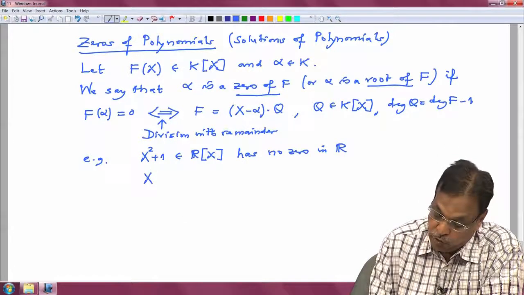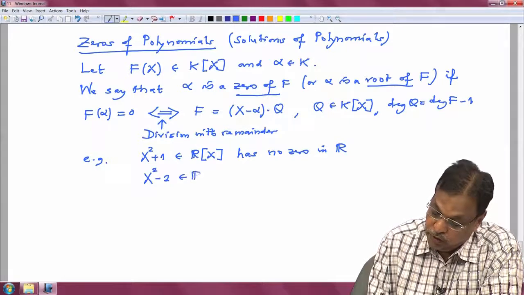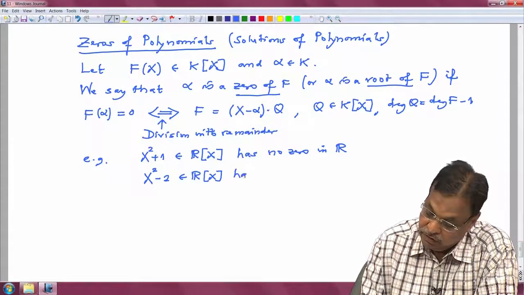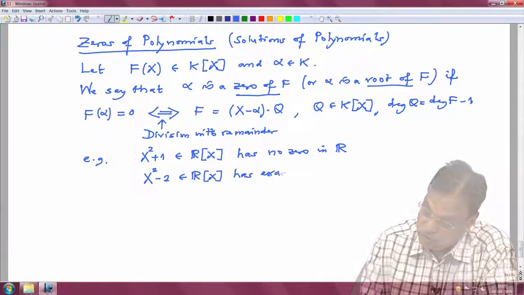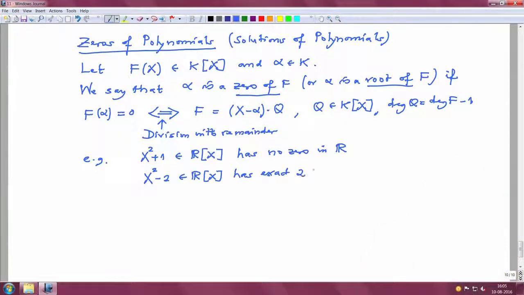Whereas, if you take the polynomial x square minus 2 in real numbers, it has exactly 2 zeros in R, namely plus root 2 and minus root 2.